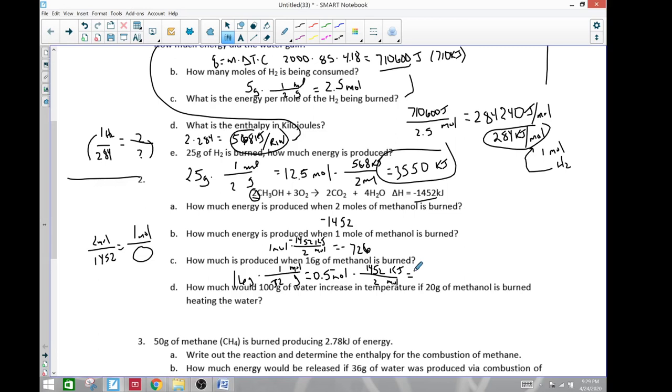Divided by 2 times 1452 gives us 363 kilojoules of energy. That's a little nicer, 363. That's kilojoules. All right. Next.